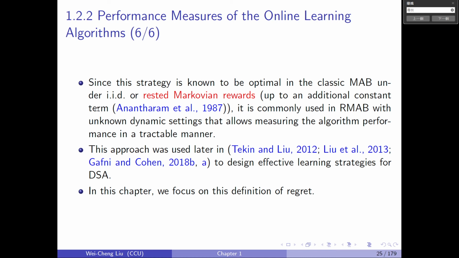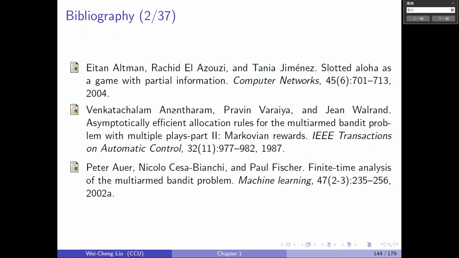Okay, please see Anantharam et al. in 1987. This paper is titled Asymptotically Efficient Allocation Rules for the Multi-Armed Bandit Problem with Multiple Plays, Part 2, Markovian Rewards, which is published in IEEE Transactions on Automatic Control.